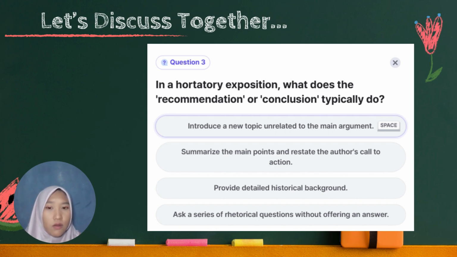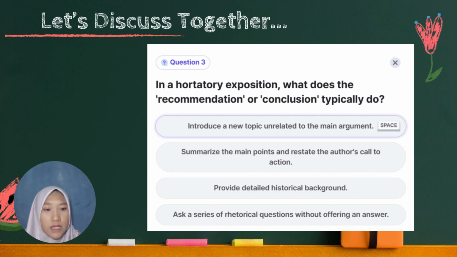No. A conclusion should wrap things up, not start a new conversation. So option 1 is incorrect. Move to the next. Summarize the main points and restate the author's call to action. Is that correct? Yes, this is the most appropriate answer for the recommendation or conclusion in a hortatory.